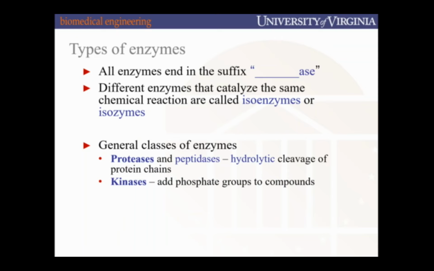Another class of enzymes is called kinases. These are very important for cell signaling, and they act by adding phosphate groups to different biomolecules. One especially important type of kinase is protein kinases, which phosphorylate other proteins. In our lecture last week on proteins and amino acids, we went over the residues that are phosphorylated in mammalian cells: serine, threonine, and tyrosine.